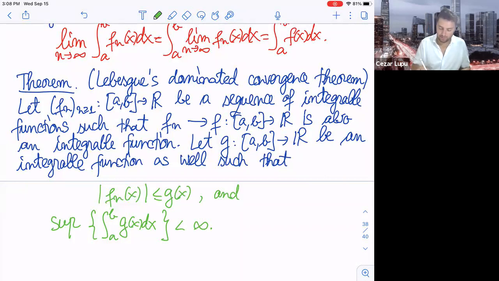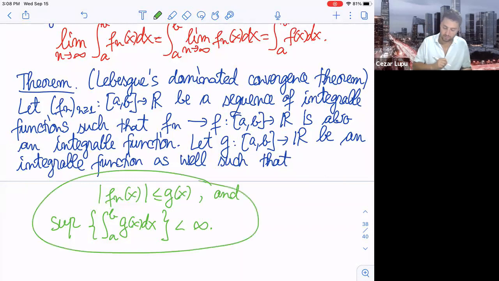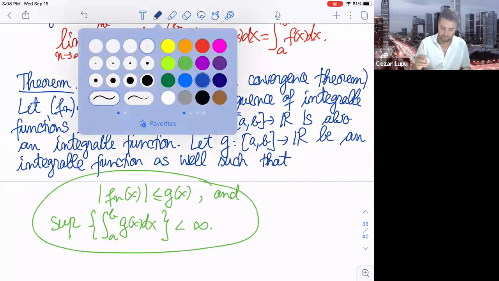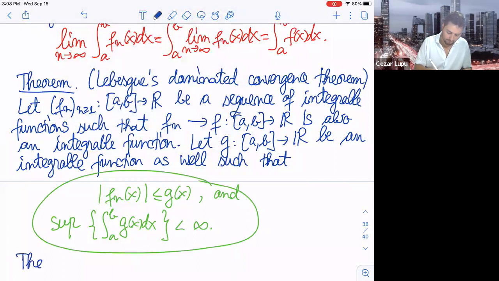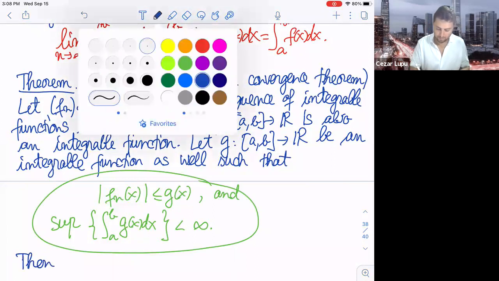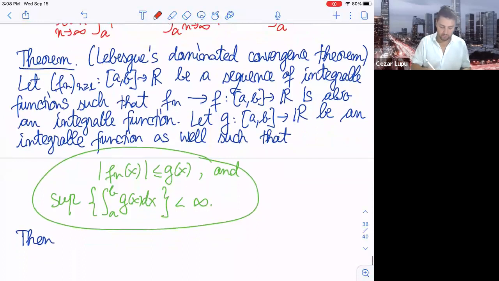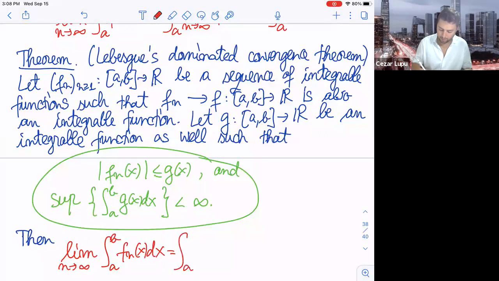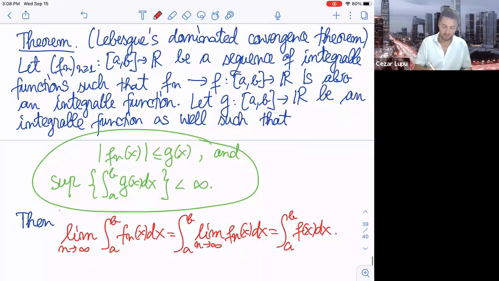Well, guess what? The same thing will happen. Then we can pass the limit inside the integral. So in other words, the limit as n approaches infinity of the integral of fn of x is the same as the integral of the limit. That's it.